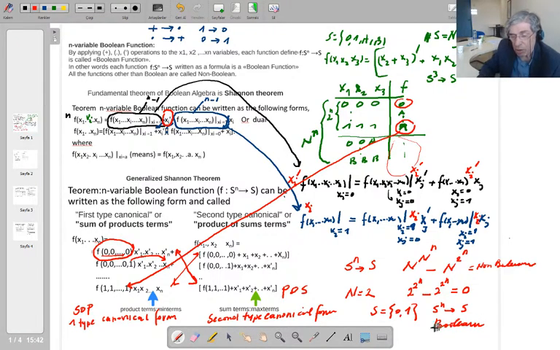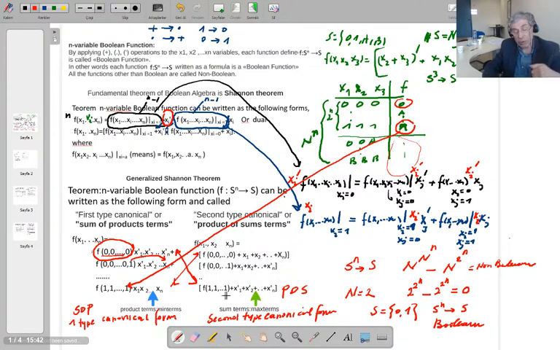Means they all can be written as a formula like that. How are you going to write that formula? It is this Shannon theorem, right? So this is the mathematical conclusion.